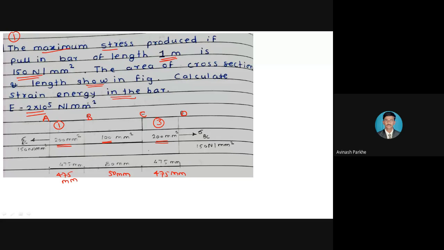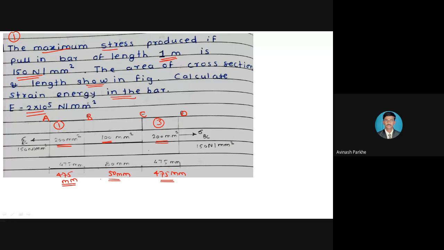Whatever the cross-sectional area is given for section AB, the same is given for section CD. You can see 200 mm square, 200 mm square. Similarly, the length of section 1 is 475 mm, and section 3 is 475 mm. But what about the middle section? Its cross-sectional area is 100 mm square and its length is given 50 mm.